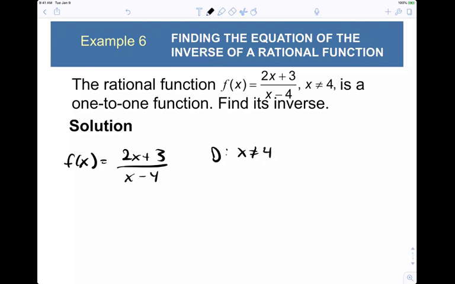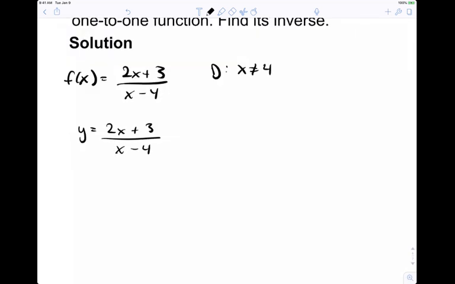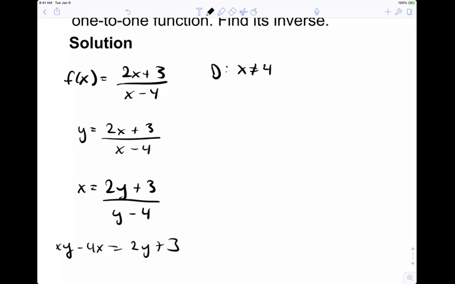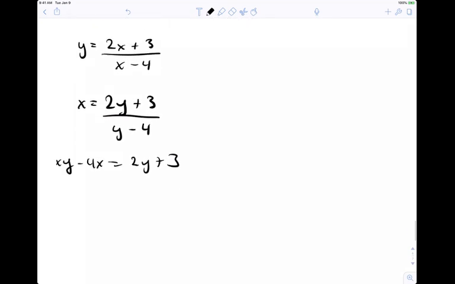Okay, so let's find an inverse here. We say y equals (2x plus 3) over (x minus 4). Let's switch the x and the y. So we're going to say x equals (2y plus 3) over (y minus 4). Let's solve for y. I'm going to multiply both sides by the denominator. We're going to get xy minus 4x equals 2y plus 3. Let's get the y terms together and everything else on the other side.